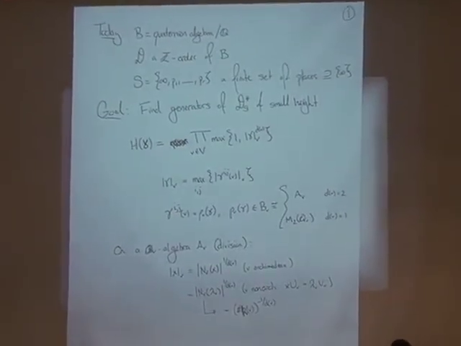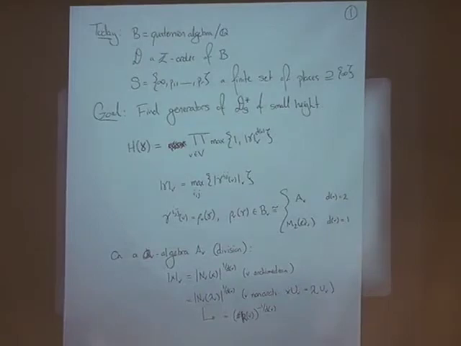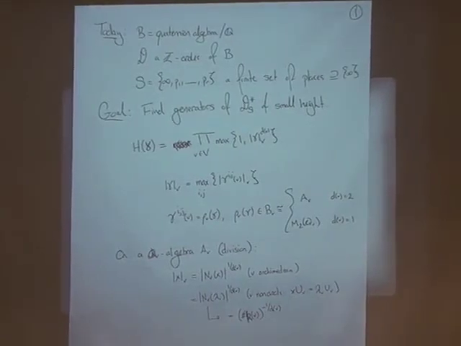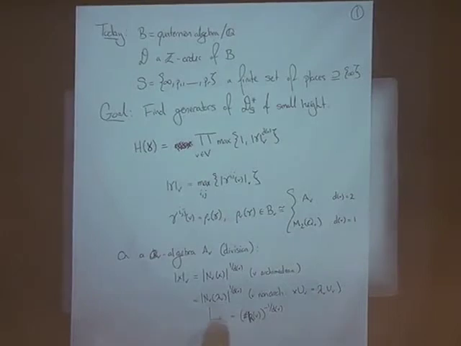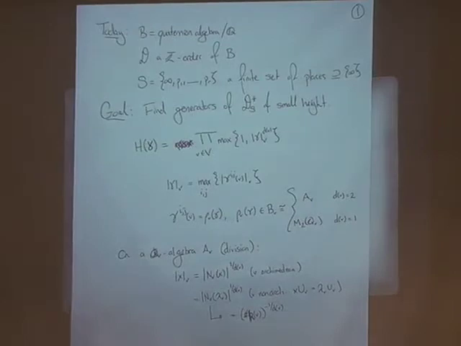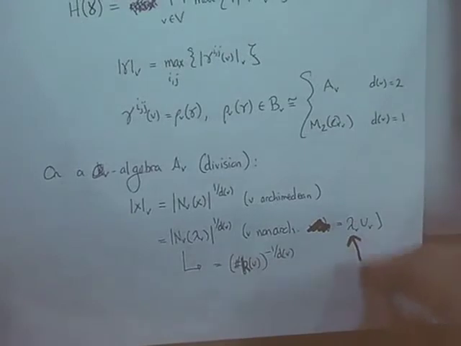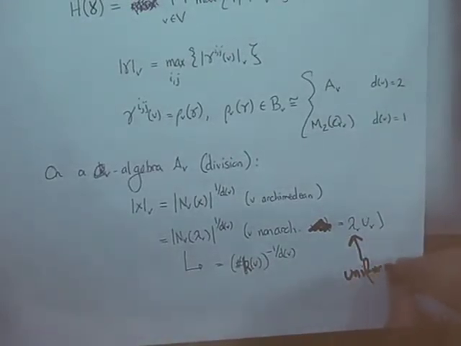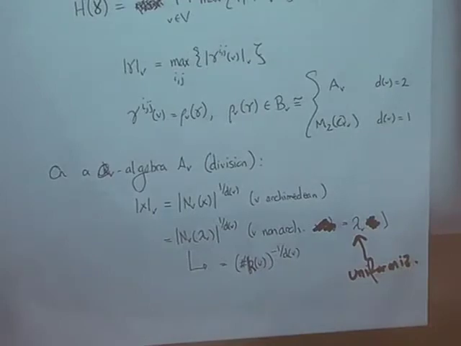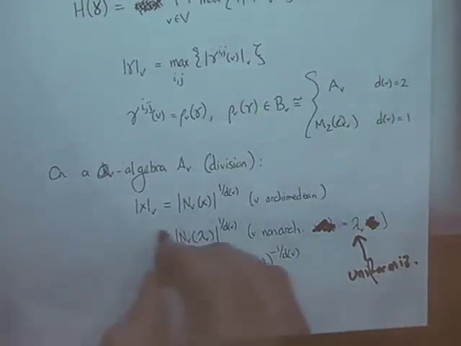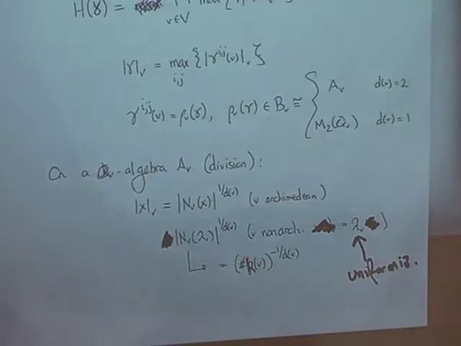You get the size of the residue field to the minus 1 over d_v, where lambda v is this uniformizer. So now you have some power of this, and you get that it's a power of that number. Okay, sorry about that.